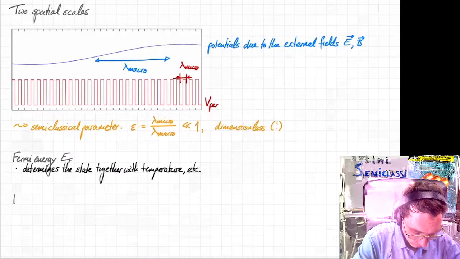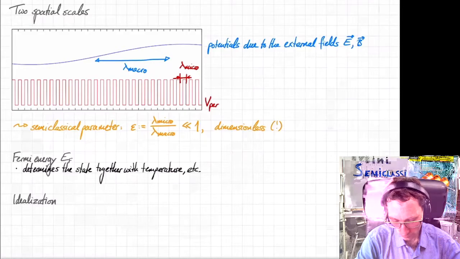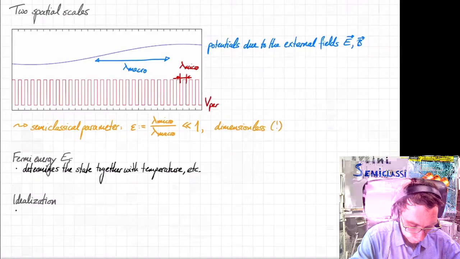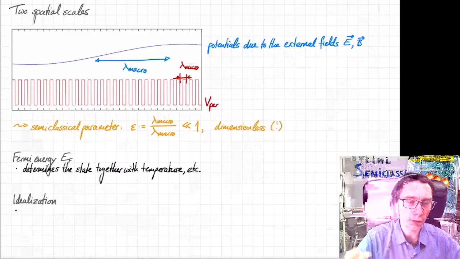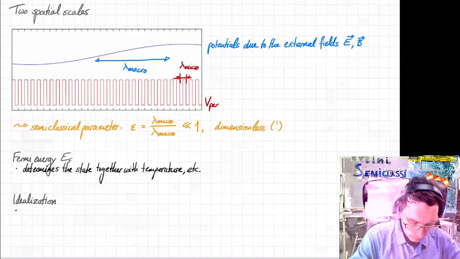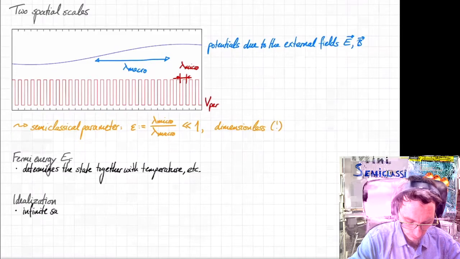So what you do is you make idealizations. So one of them is that instead of working with a finite sample, you typically work with infinite samples.